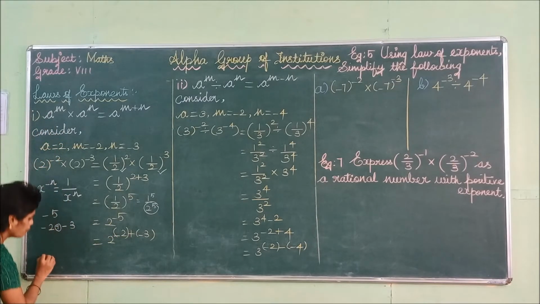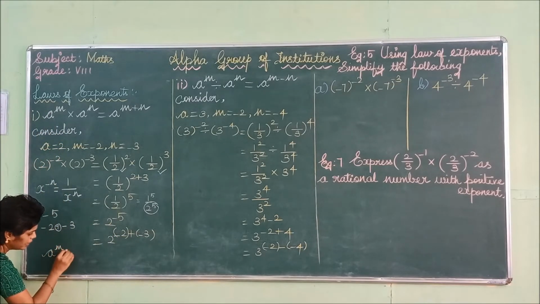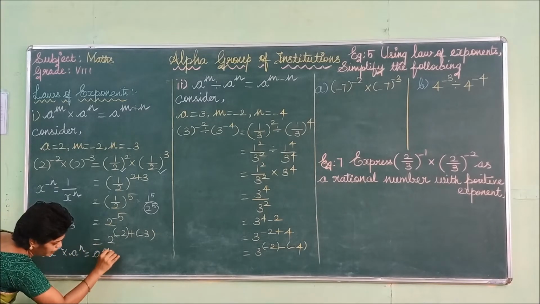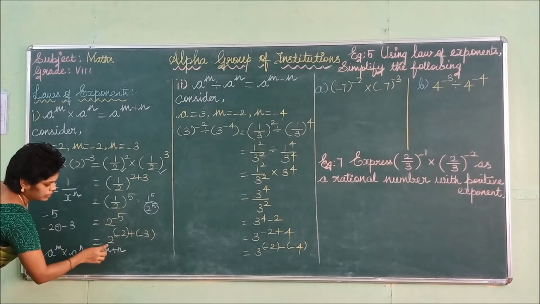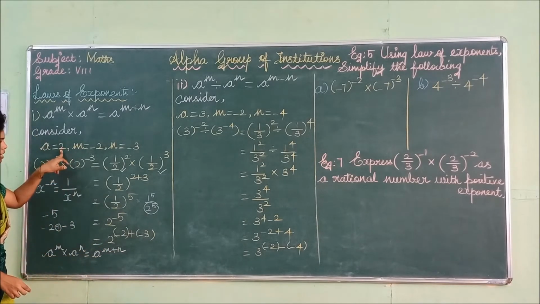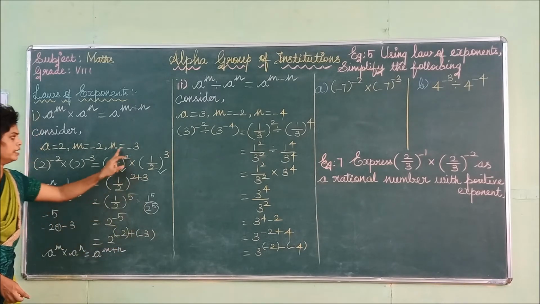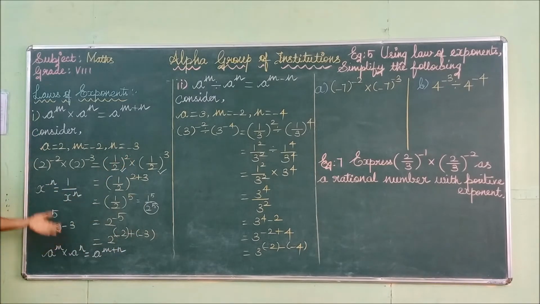So this is in the form of a power m into a power n which is equal to a power m plus n. So listen, here what is a? Our a is 2 and m is minus 2 and our n is minus 3. So left hand side equal to right hand side. First law is verified.